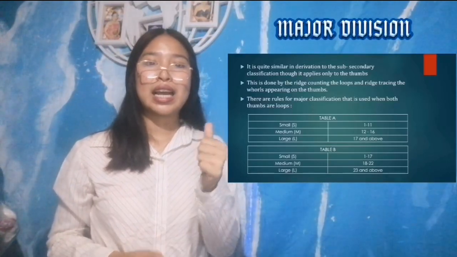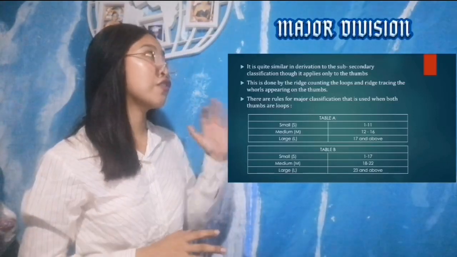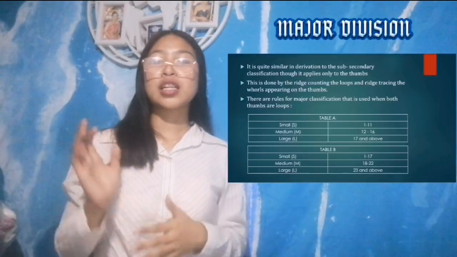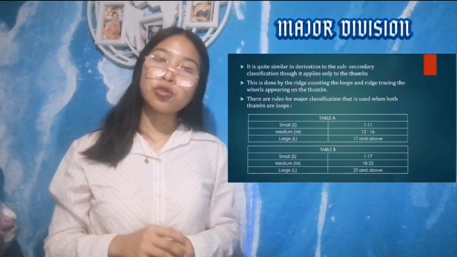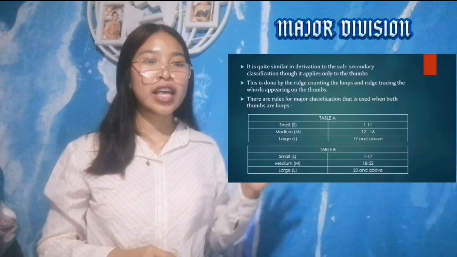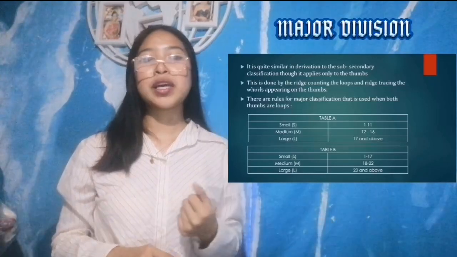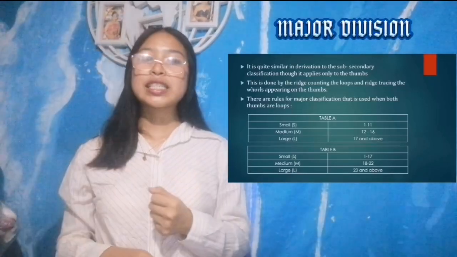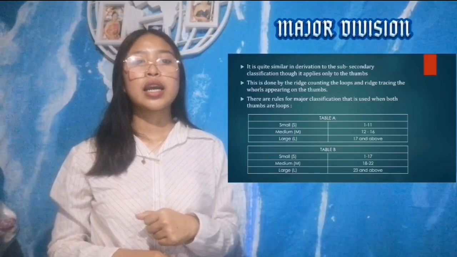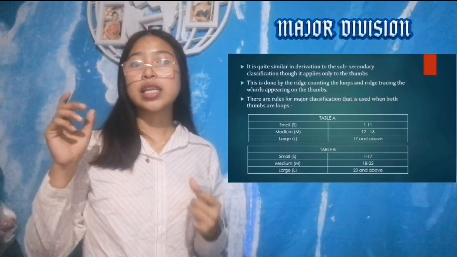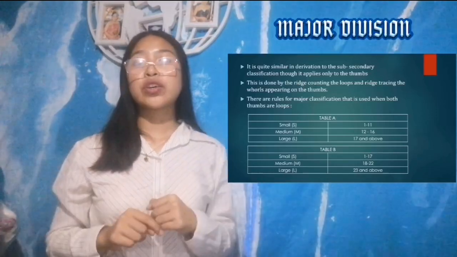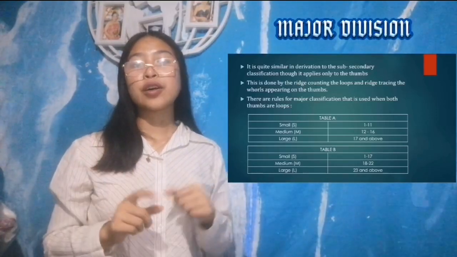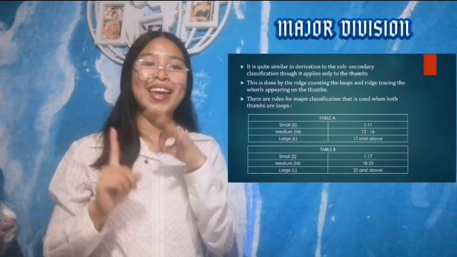And there are rules or modifications for major classification that are used when both terms are loops, having a table A or a table B. Earlier, in sub-secondary classification, it was inner, outer, and meeting. In major division, we have small, medium, and large.